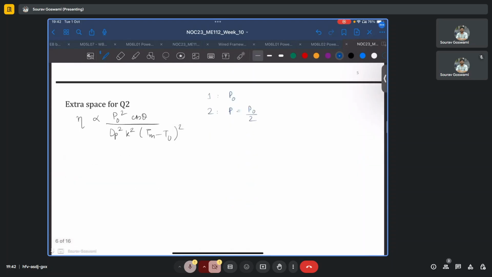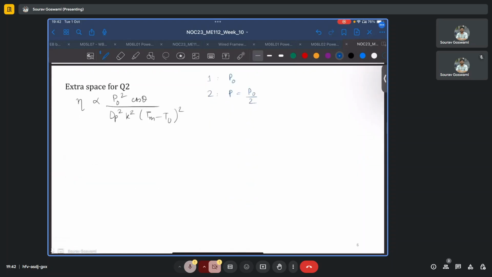So if we were to denote the catchment efficiency for the first case as eta 1, this is proportional to P1 square cos theta, because the inclination remained the same, by dp square, the diameter of the powder stream remained the same, some conductivity as well, and the temperature ranges.